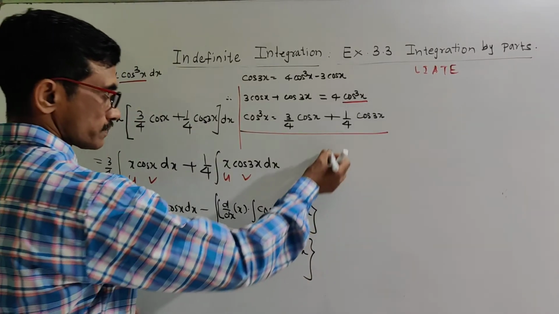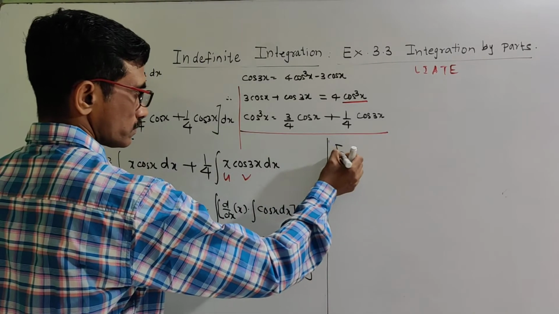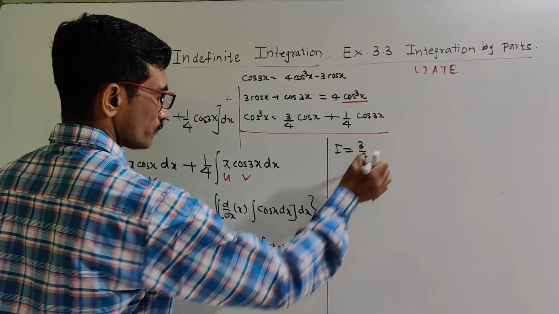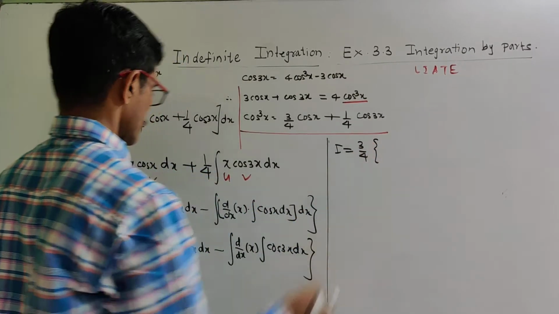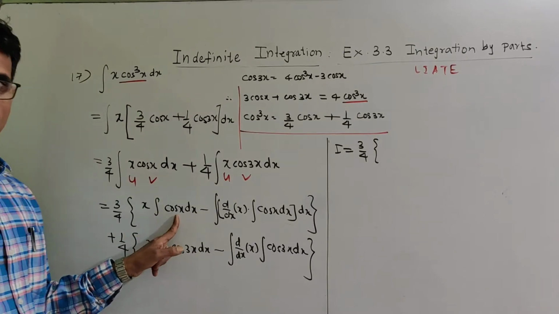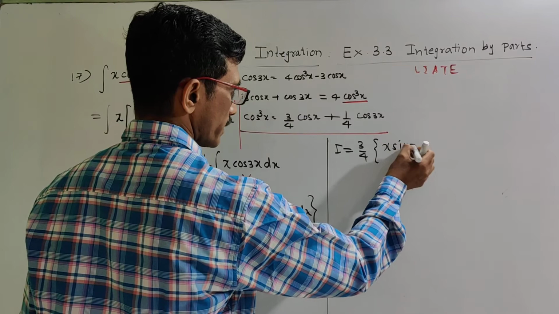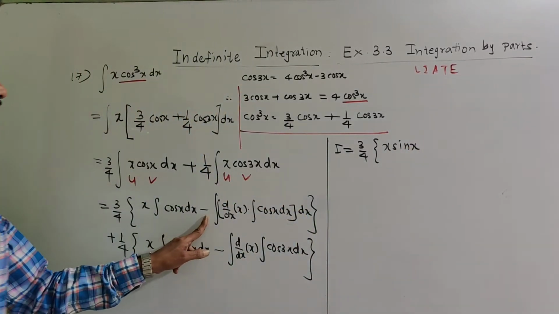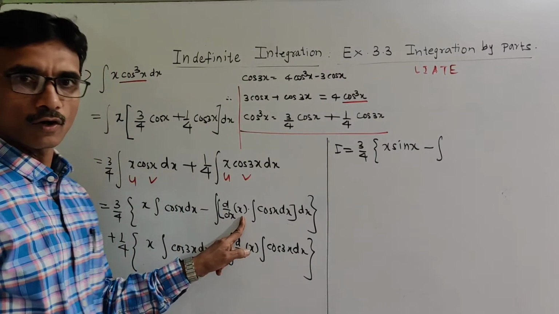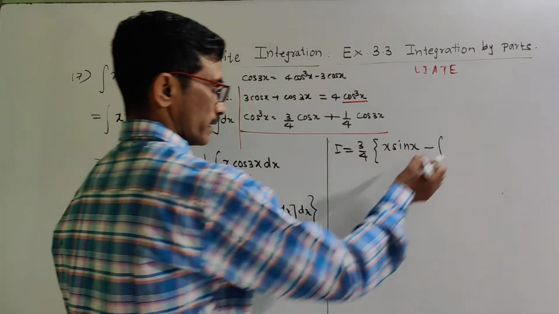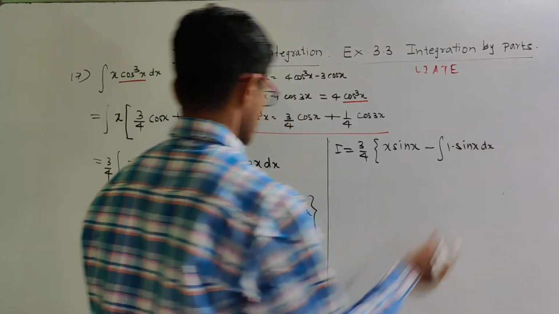So therefore I is equal to 3 by 4 x into integral of cos x, that is sin x, minus integral of derivative of x is 1 and this is sin x, so 1 into sin x dx.